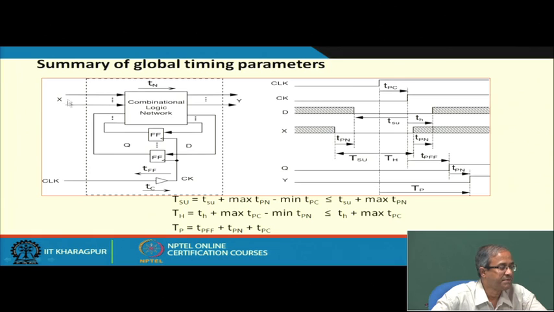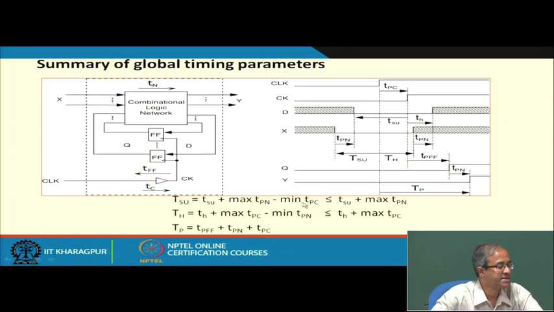So this setup time of x must be Tpn time before that, and here also similarly there will be a hold time. So the setup time will be this TSU plus the delay of the network minus this delay of this TPC, delay of this clock network.